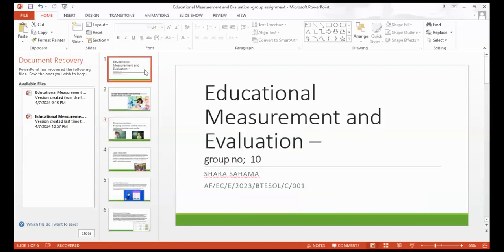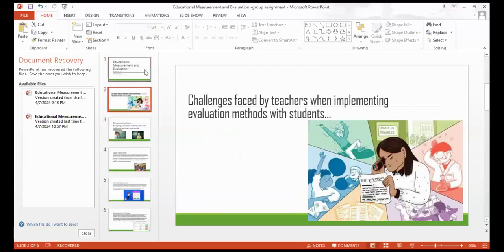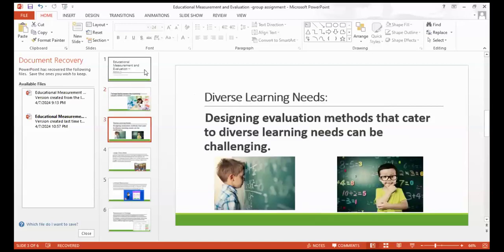Can you see the screen, madam? Yes. Hello, good evening. I am Shara. My presentation is about challenges faced by teachers when implementing evaluation methods with students. There may be many challenges that teachers personally and commonly face. It depends on the teachers. Here I have mentioned a few reasons. The first one is diverse learning needs.